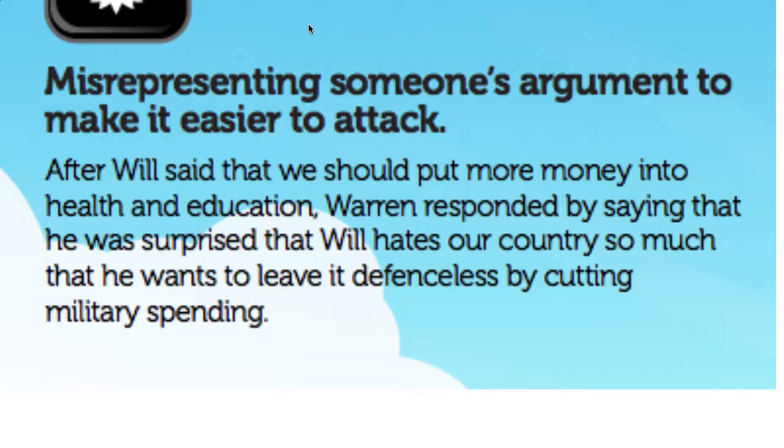So number one, does Will say anything that would be clear that I dislike the country, that I want to cut spending from the military or anything like that? Okay, he does not say that. But what Warren does is, and I don't want to make it sound like Warren is correct, but why could this actually be something that would end up happening? You have to cut spending somewhere to put money into something else.